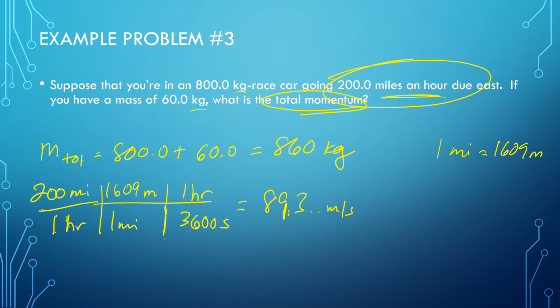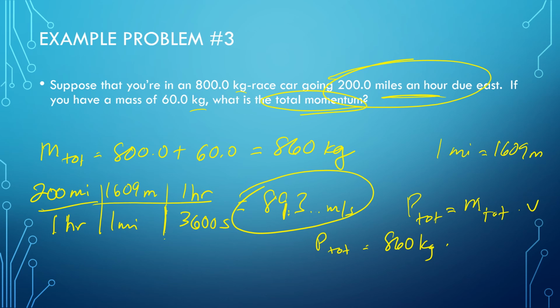something meters per second. My momentum, p total, is mass total times my velocity. So 860 kilograms times, I'm going to take this whole number on the calculator, 89.38888 and so on, times 860.